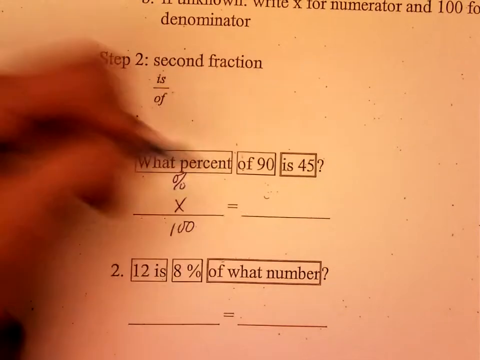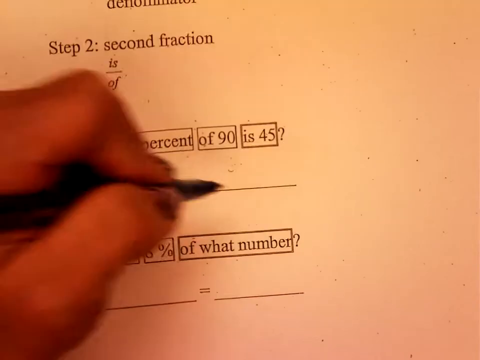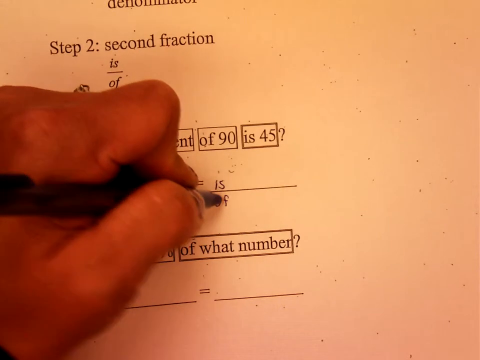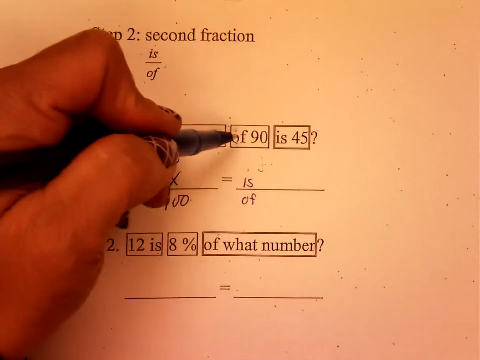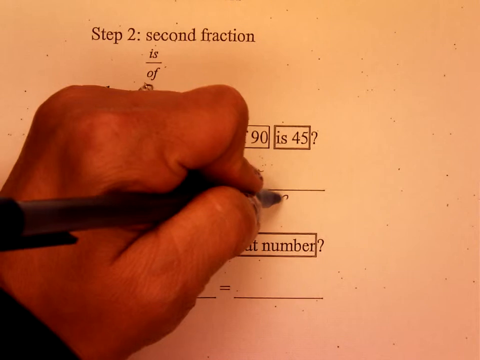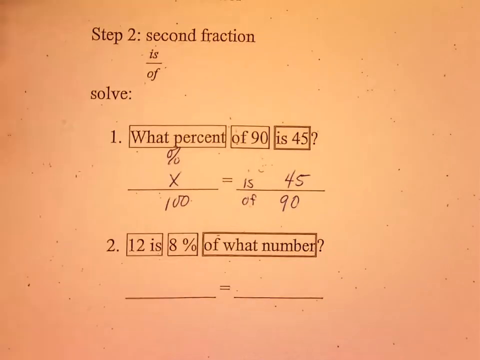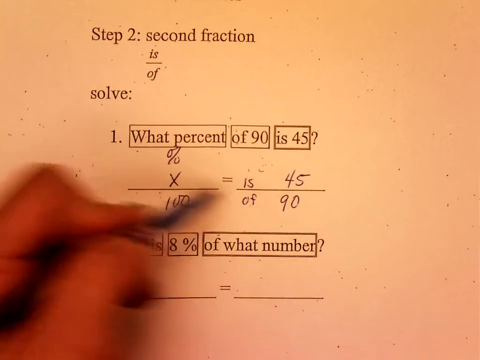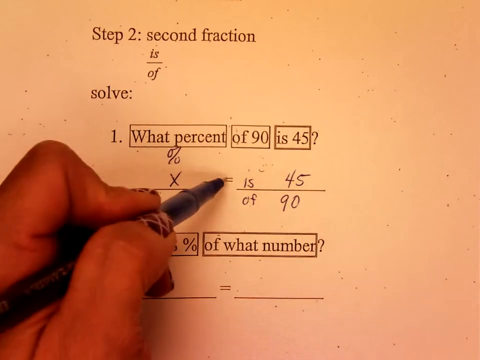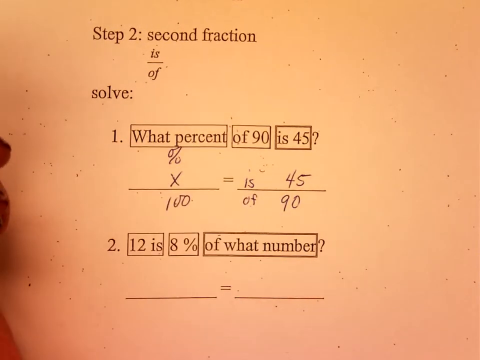Of, remember the second fraction is the word is over of. So it says of 90. Since it's of 90, that is on the bottom, and is 45. Now this should look familiar because now it's x over 100 is equal to 45 over 90.